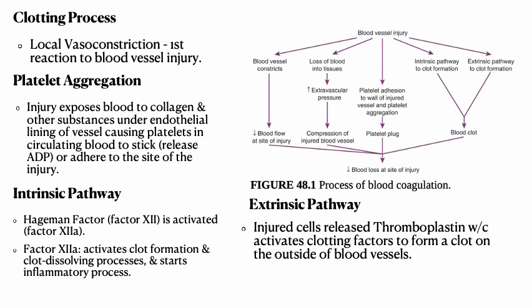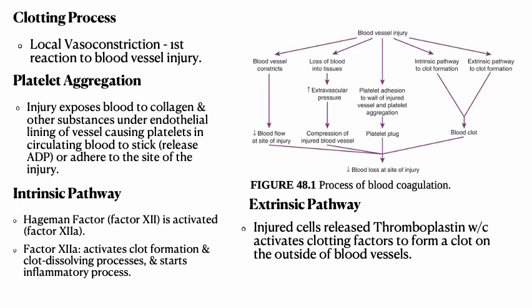The intrinsic pathway. As blood comes in contact with the exposed collagen of the injured blood vessel, one of the clotting factors called Hageman factor, also called factor 12, which is a chemical substance found circulating in the blood, is activated. Our clotting factors, by the way, are often known by a name and by a Roman numeral.